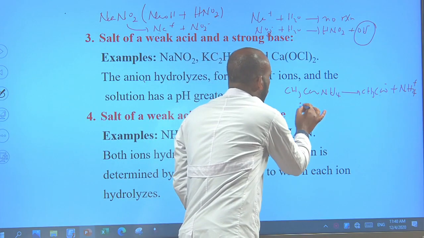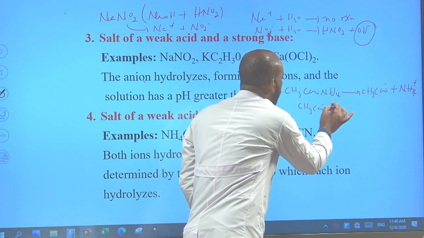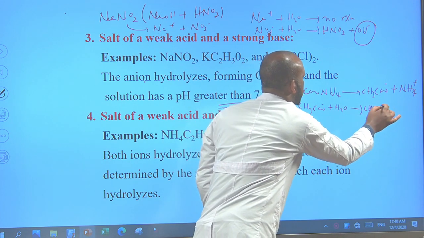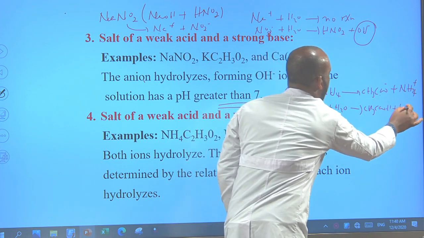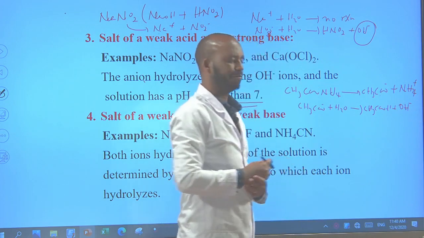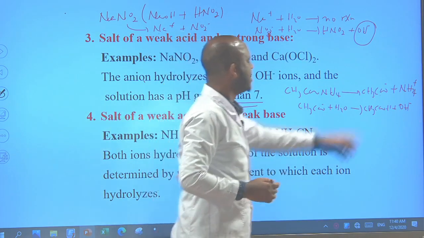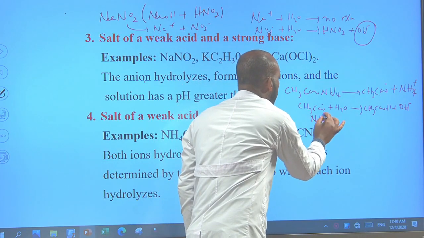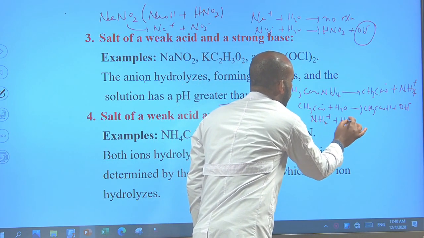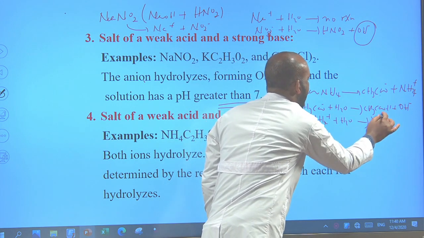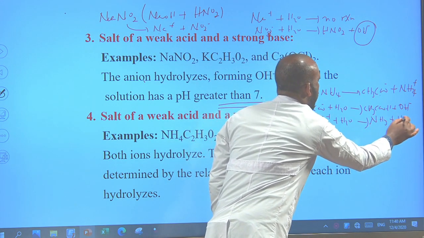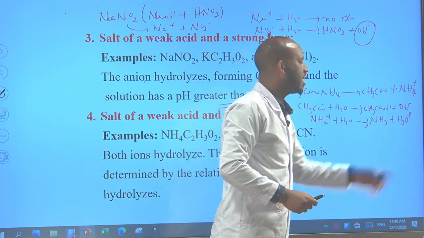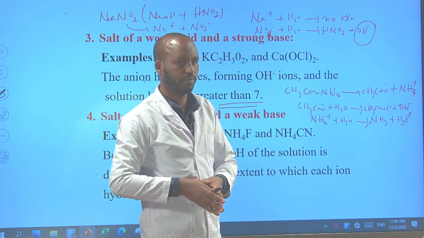Now acetate, CH3COO minus, plus water gives acetic acid, CH3COOH, plus OH minus. Again, NH4 plus can hydrolyze, react with water: NH4 plus plus water gives ammonia, NH3, and hydronium ion, H3O plus. Both OH minus and hydronium ion are produced in the solution.